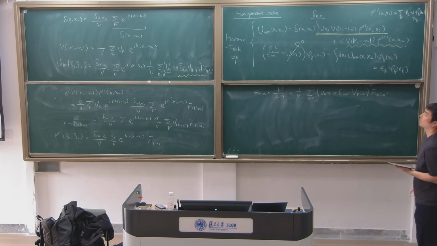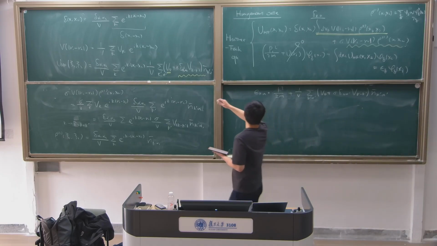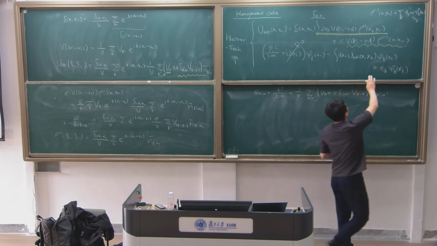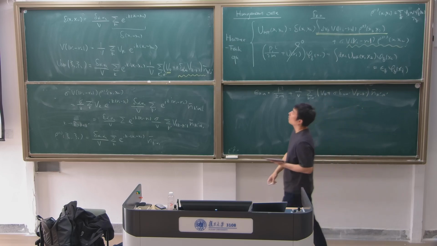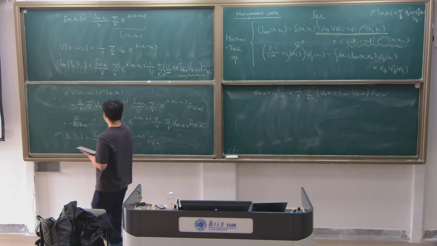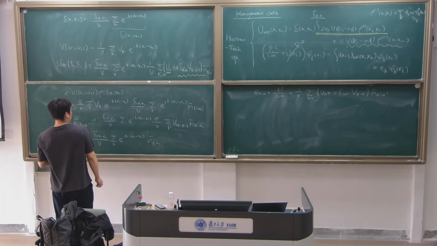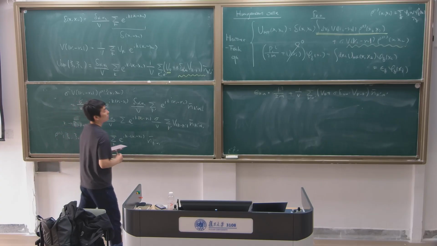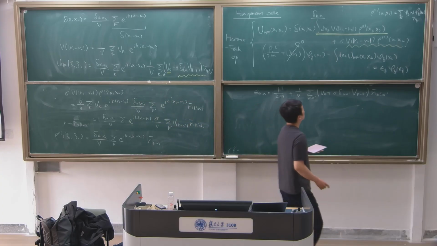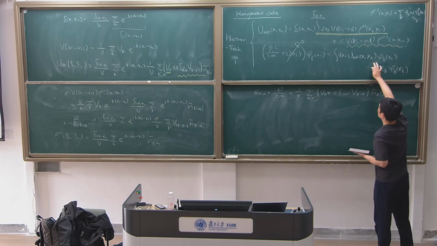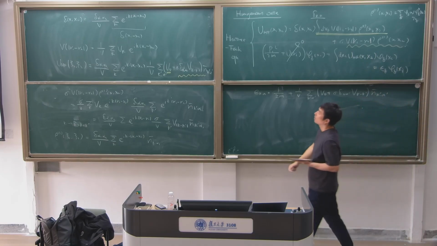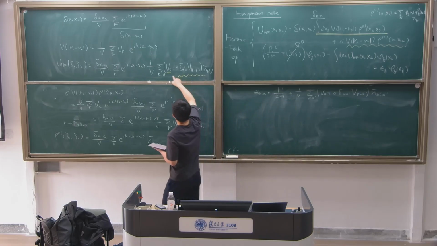Like this. So plug this one into here. And phi q is also a plane wave. Phi q is also plane wave. So therefore, if you integrate over x2, you just get the constraint on k. And then you just get this.